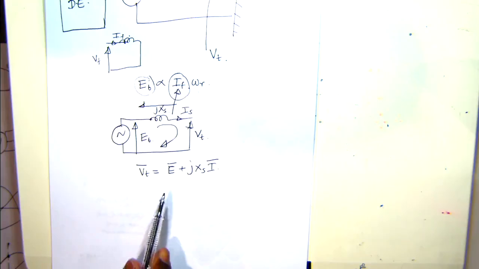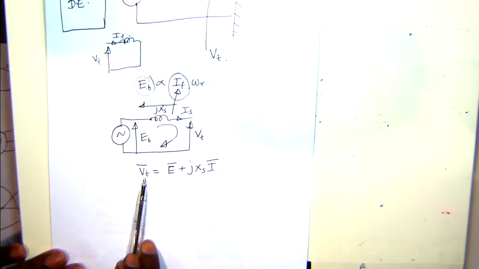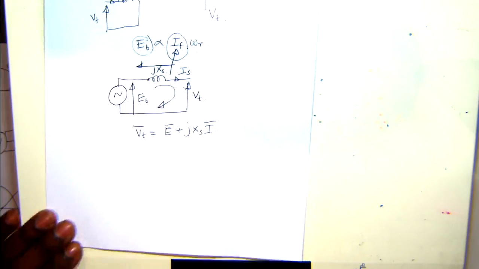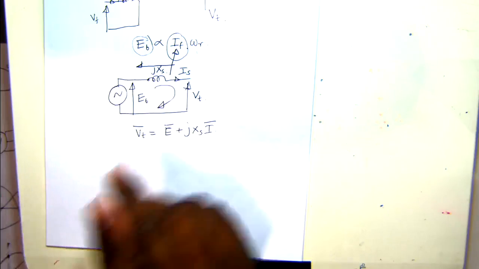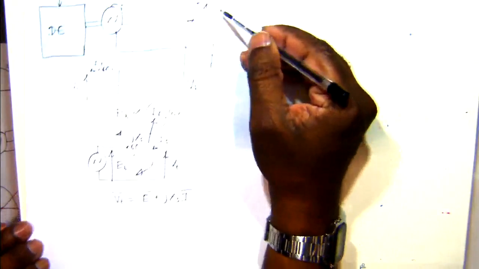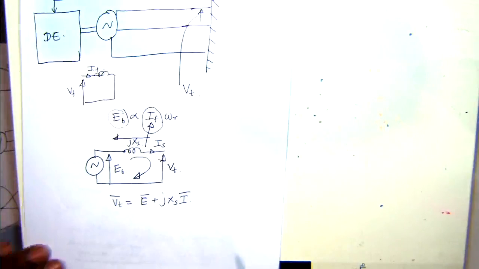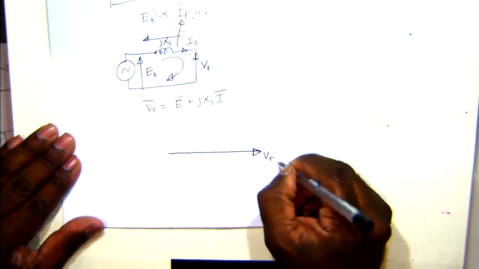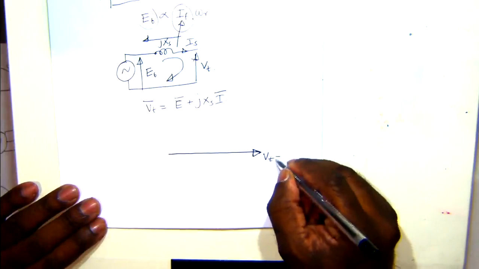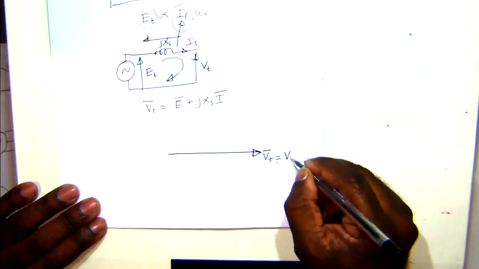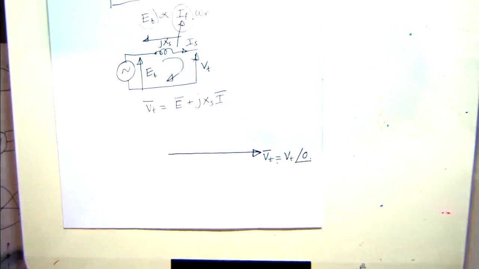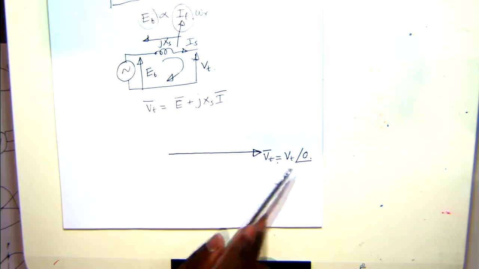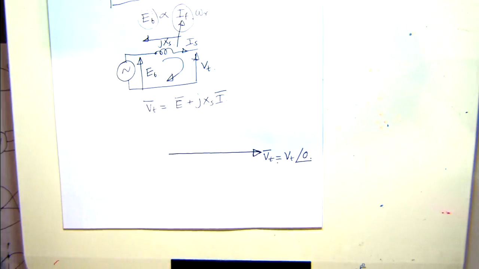So I think last week you went through drawing the phasor diagram. You can draw Vt at phase 0, so that's our reference, the grid voltage. You draw a straight line for Vt at phase angle 0, and with respect to this reference, E might be lagging or leading.